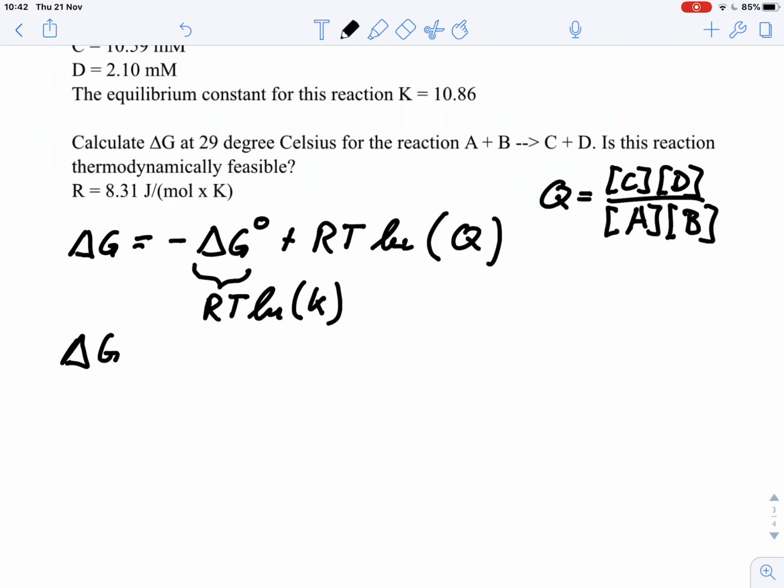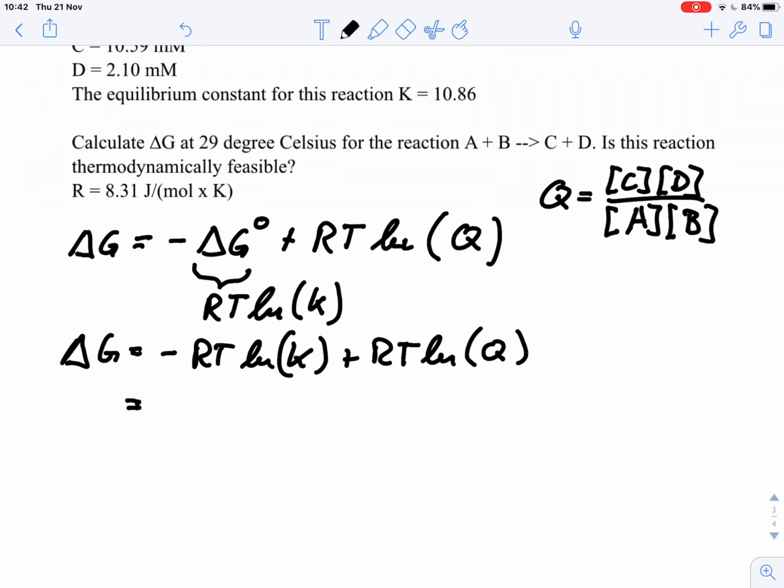So we can write delta G equals minus RT ln K plus RT ln of our mass action ratio, and we can simplify that and write this as RT natural logarithm of the ratio between the mass action ratio and the equilibrium constant. So that makes it a little bit more palatable.